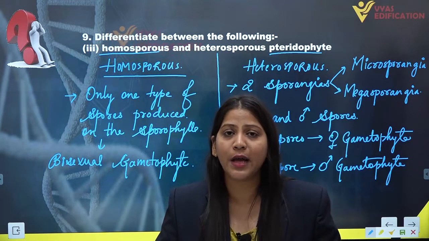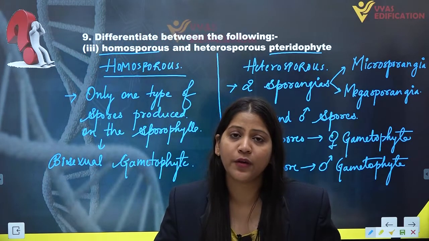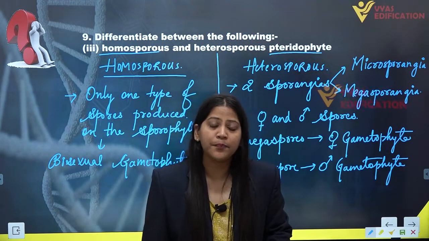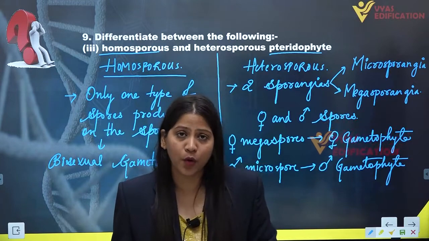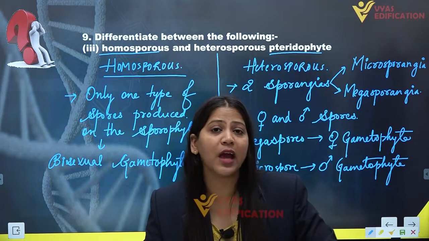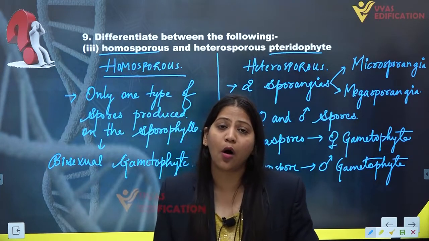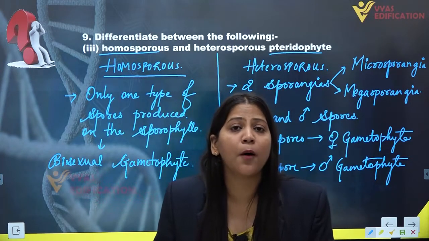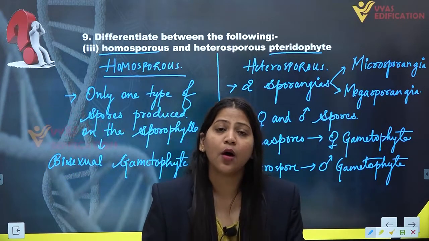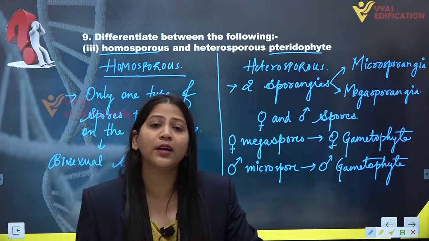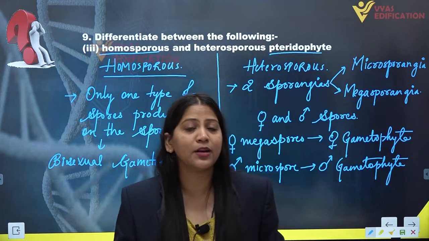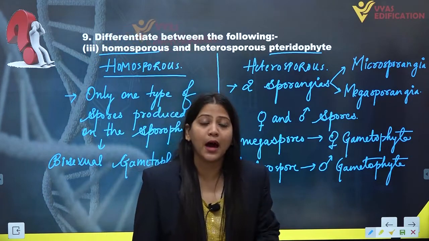But only one type of spores is produced inside the homosporous pteridophytes, and all these spores will germinate to give rise to gametophytes, all of which are bisexual. That means the whole gametophyte contains both types of reproductive organs, the male reproductive organ as well as the female reproductive organ, antheridium and archegonium.